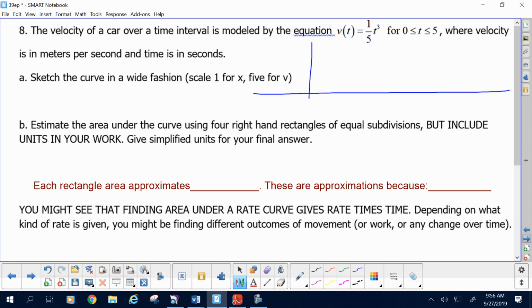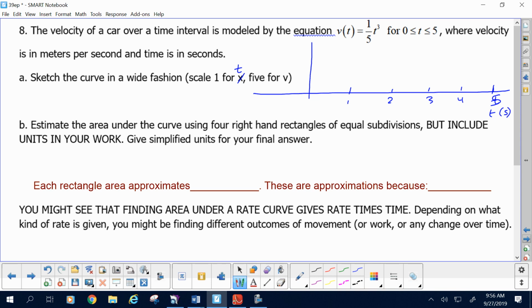Means this curve is most beneficial when it's really wide, so your rectangles communicate something. It should say scale of 1 for t, not x. That's a typo. Sorry about that. And t is on the horizontal. Go by ones. 1, 2, 3, 4, 5, and that's time in seconds.